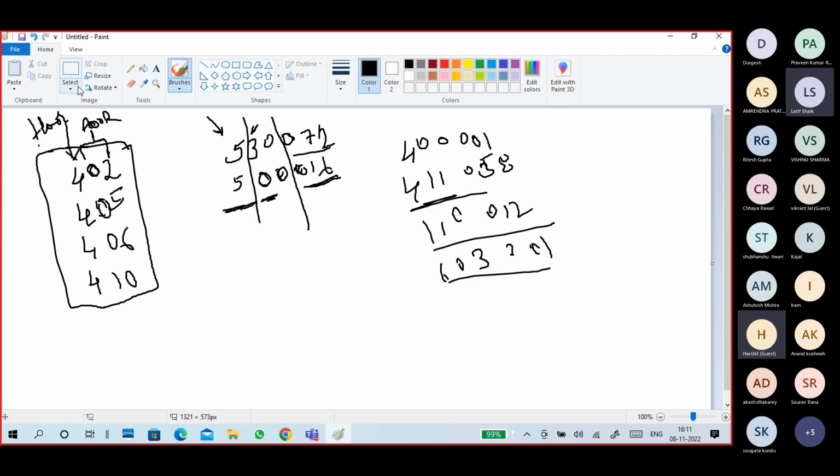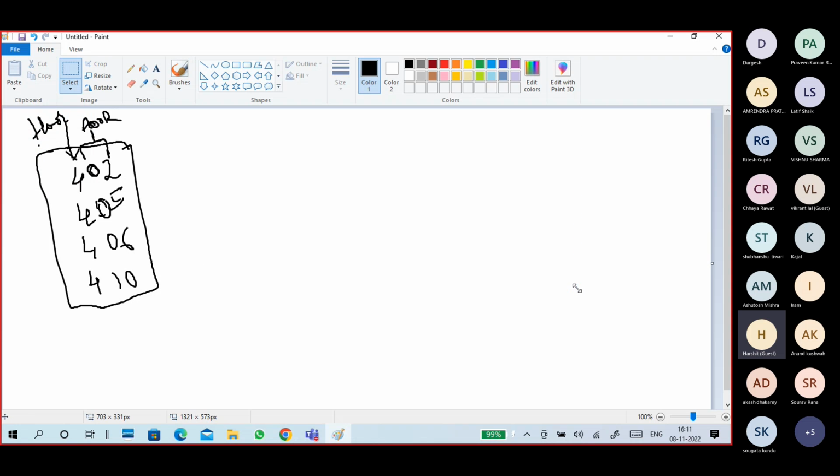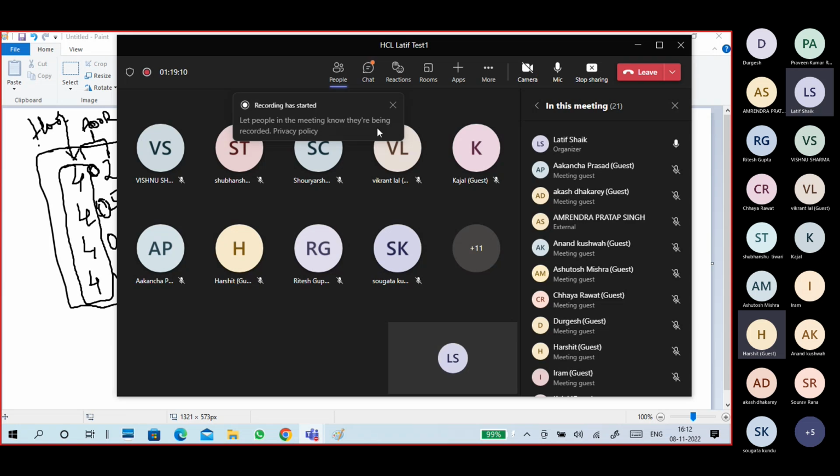So the point is, we are logically dividing these numbers for easy identification of the devices. See the identification, and this is grouped like this, one network kind of stuff. So your IP address is two parts. One is network ID, another one is host ID.